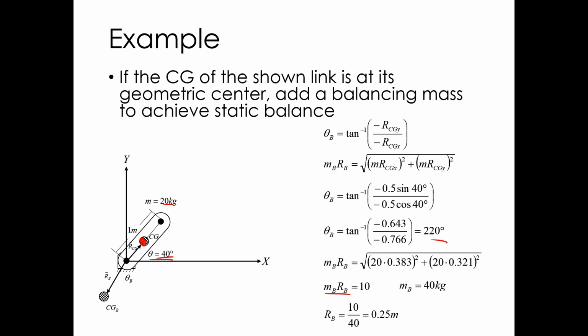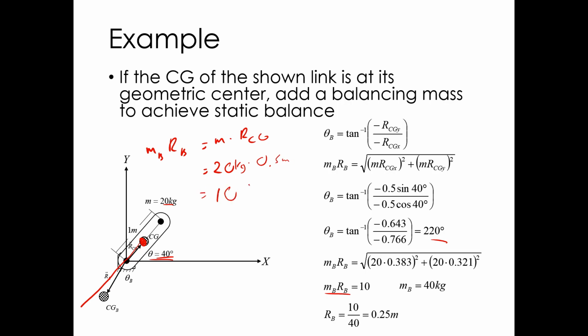So again, there's an infinite number of ways of doing this. As long as you put your balancing weight over here at 220 degrees, anything that satisfies MBRB is M times RCG works. So in this case, this is 20 kilograms times 0.5 meters.